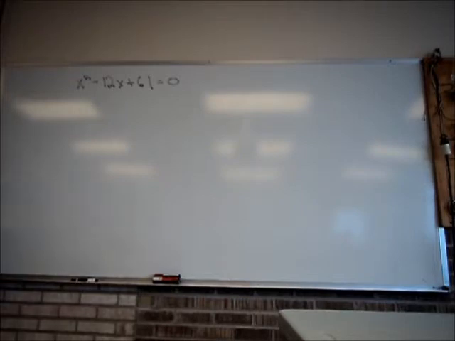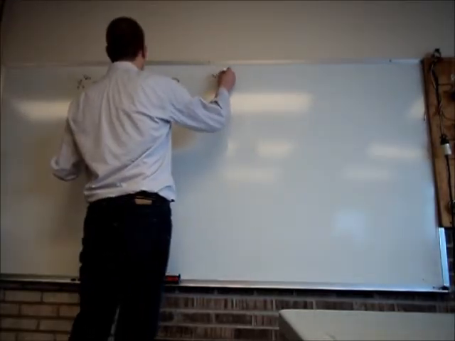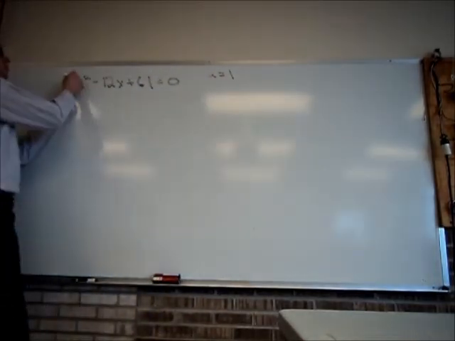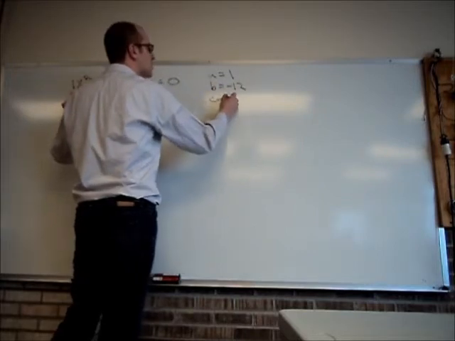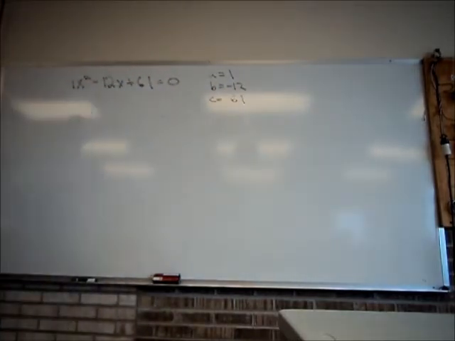If it doesn't factor, we use the quadratic formula. The quadratic formula requires us to know what a, b, and c are, so we should identify those. a is 1, 1x squared. b is -12. c is +61. a, b, and c will help us create this quadratic formula that will tell us the value of x that makes this equal to 0. What value of x can you plug in that makes that 0? We're about to find out.